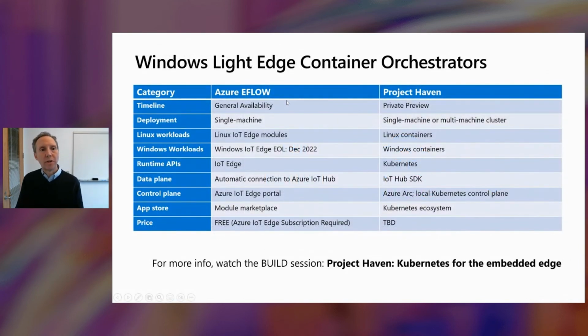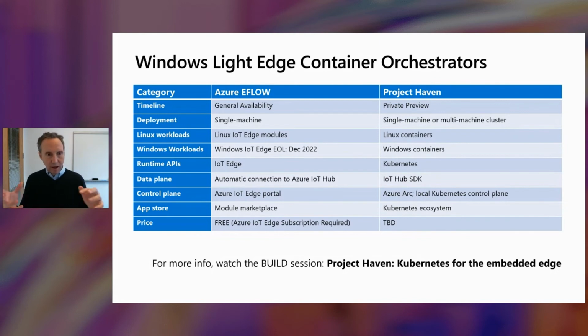I do want to address this briefly. People ask us what's the difference between EFLOW and Project Haven. They are both lightweight Mariner Linux-based VMs. So we're essentially evolving EFLOW with Kubernetes functionality. So we're bringing Kubernetes.